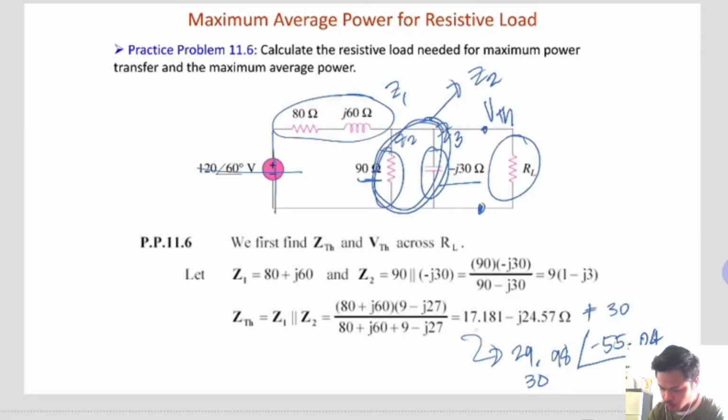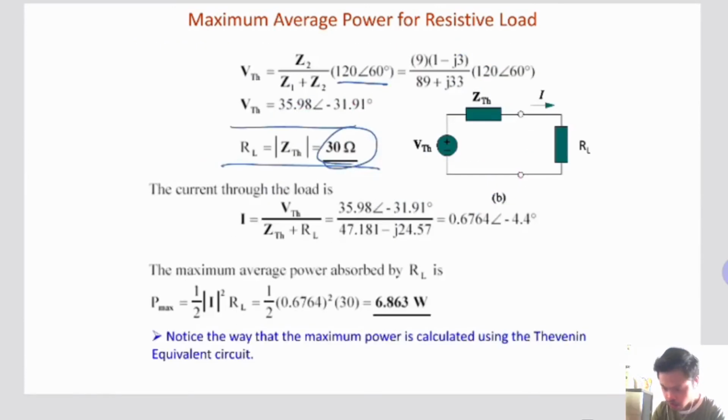So 30 plus 17 is 47.181 minus j24.57. This one now is the total current of the circuit. To find the maximum average power absorbed by RL, we need to apply the formula I squared RL, or V squared over RL.